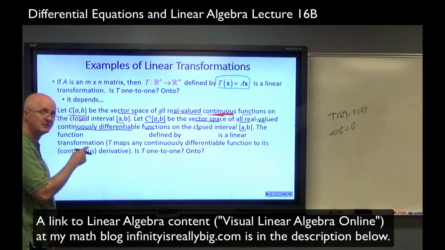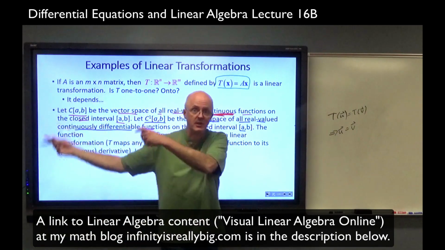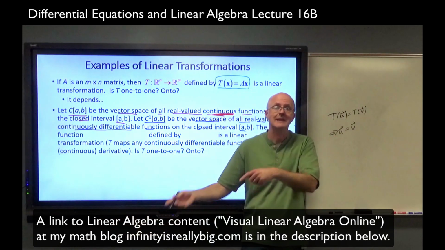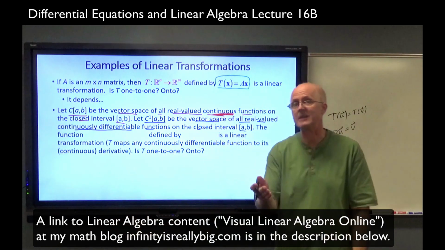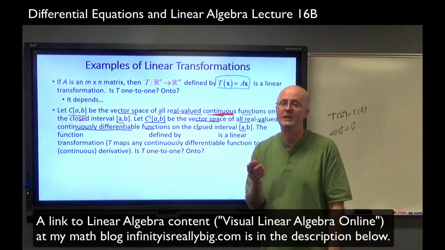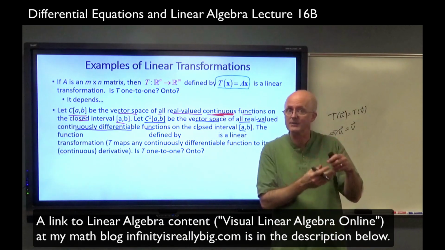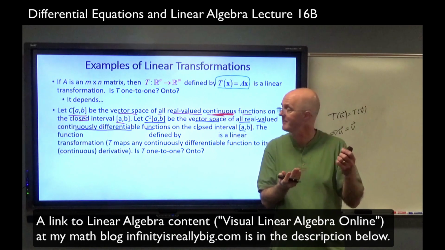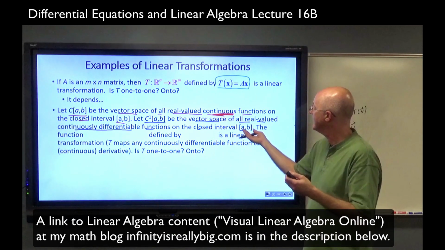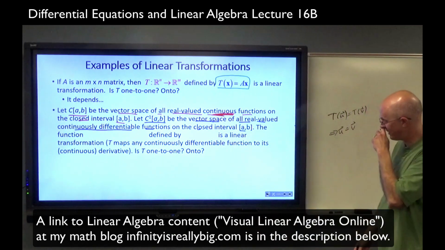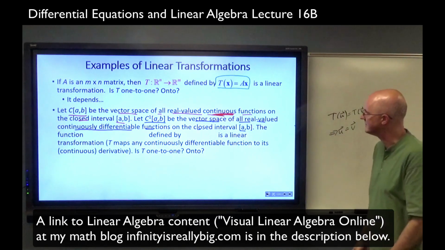Continuously differentiable, I have talked about in the differential equations part of this course, in the context of phase lines and the linearization theorem. Continuously differentiable functions are those functions that are differentiable, but also that derivative is continuous everywhere. The continuity and differentiability here are on the entire closed interval.